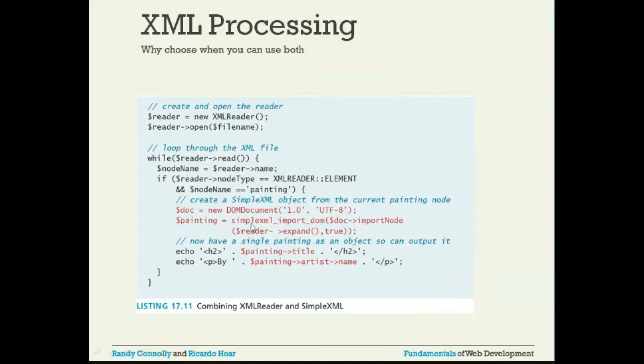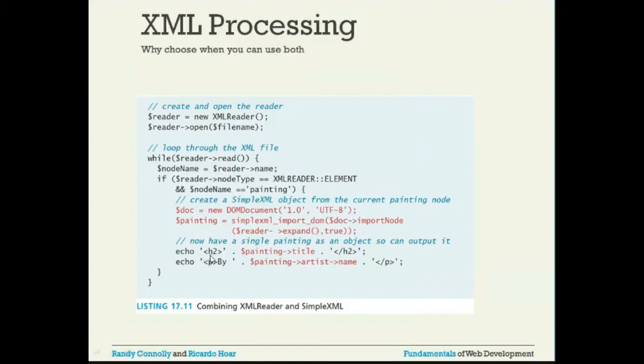Then $painting = simplexml_import_dom, and we are calling the importNode method on this DOM document object, passing $reader->expand. What it will do is, under the painting, whatever structure is there, it is going to get the complete structure. Once you have the complete structure inside the painting, you can access anything, right? Once you have the SimpleXML object, then you can access.